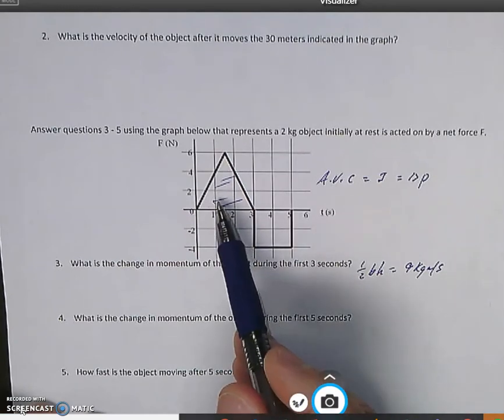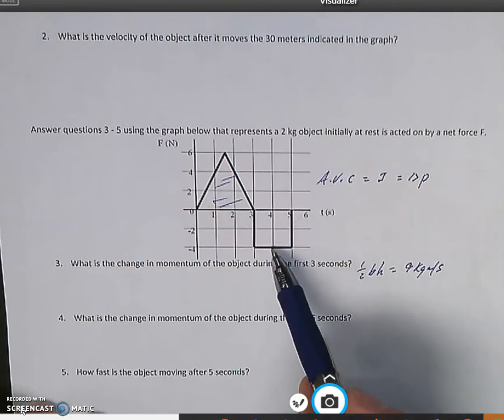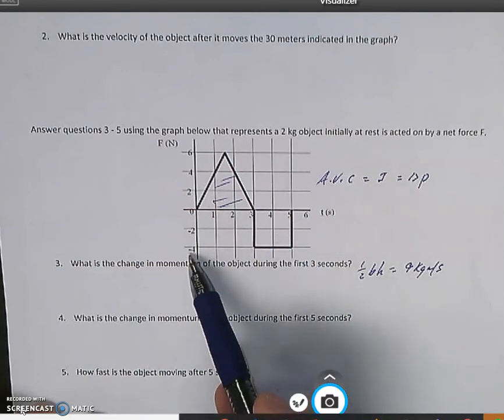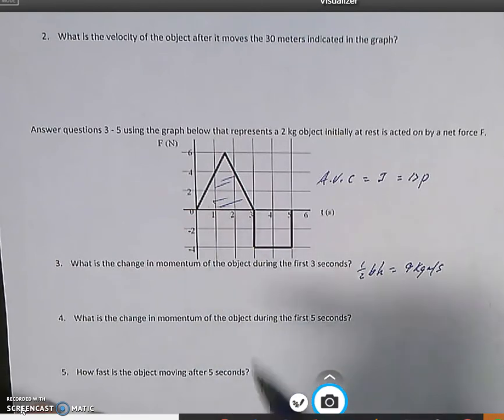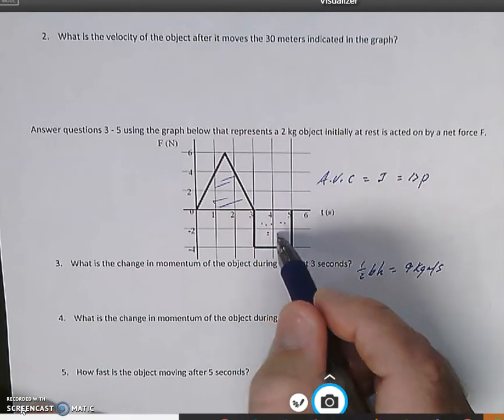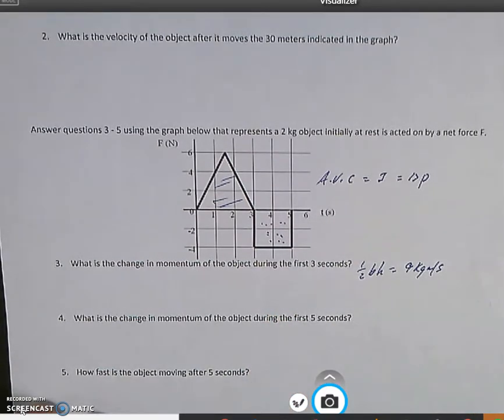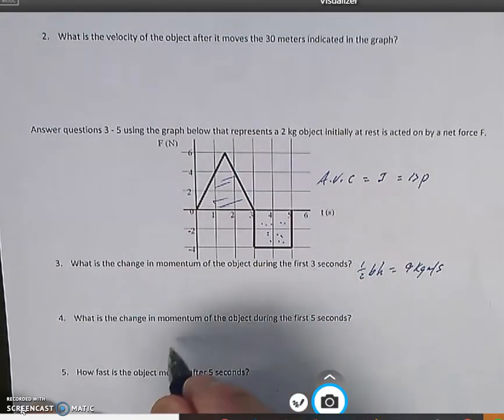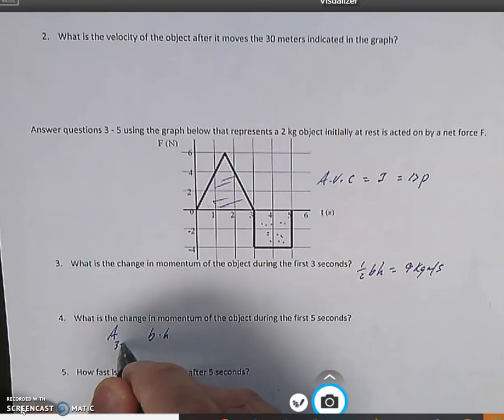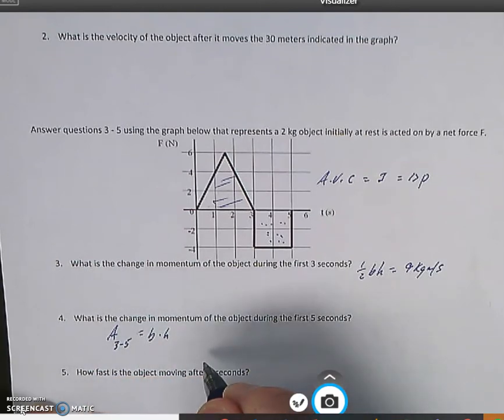Well, we know that this is a change in momentum of +9. As soon as we dip down here below the axes, we've got a negative force, which would cause a negative change in momentum. So what's the area in this region right here? Area for time 3 through 5 is equal to base times height.